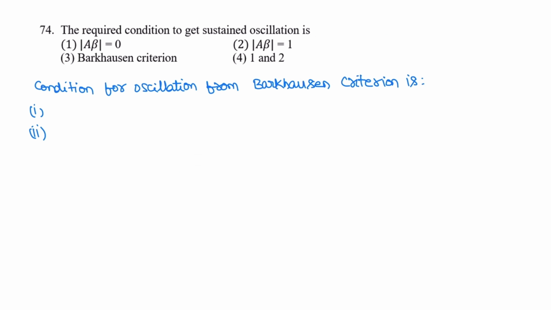The required condition to get sustained oscillation, from the Barkhausen criterion, is, first, that the magnitude of loop gain A beta must be at least equal to 1 so that oscillations are sustained. The second condition is that the total phase shift around the loop, the angle of A beta, must be equal to 0 degrees or 360 degrees.